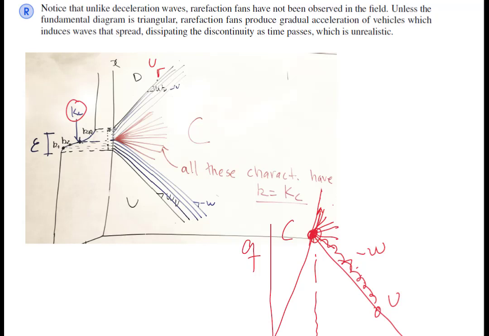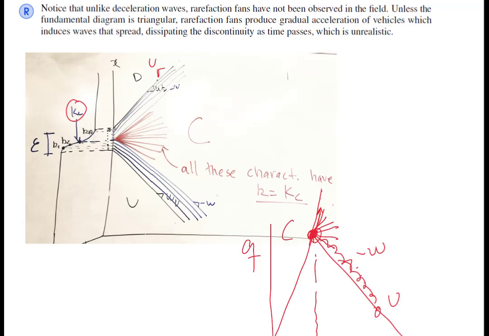Okay, so the fan exists. You can see it right there, right? It looks like the same fan, but the difference is that before, all those red lines carried a different traffic flow, a different traffic state. But in the special case of a triangle, all those different traffic states collapse to the tip of the triangle, which makes it such that they all carry the same flow.